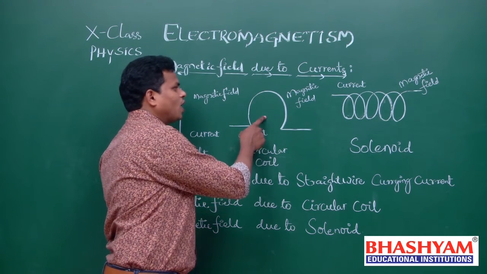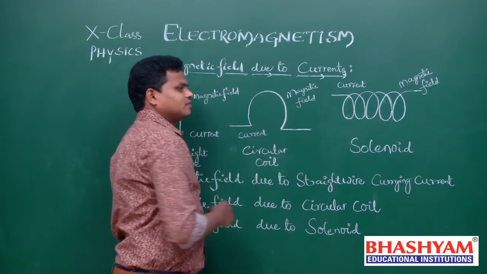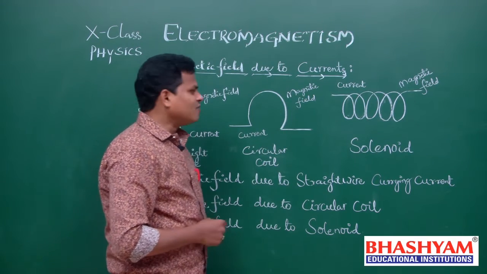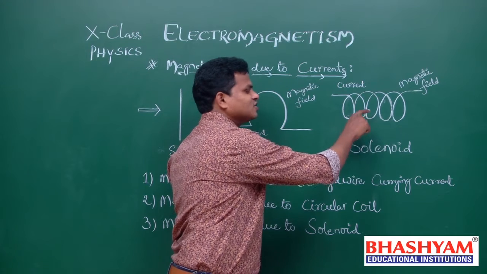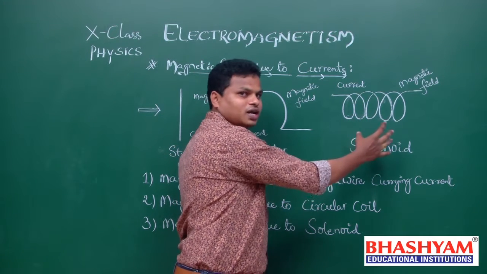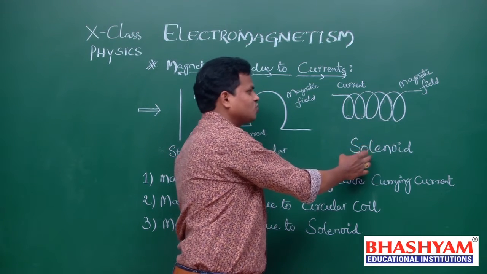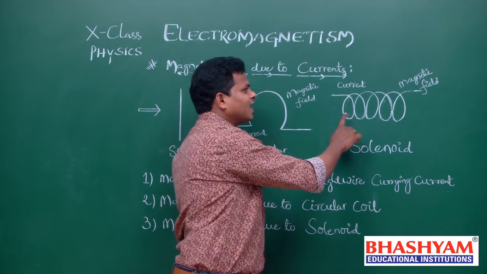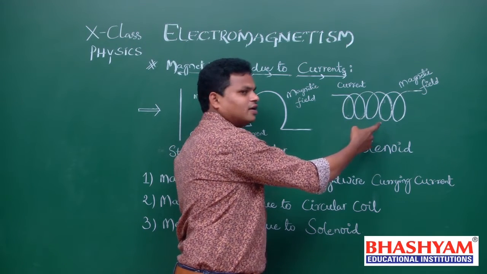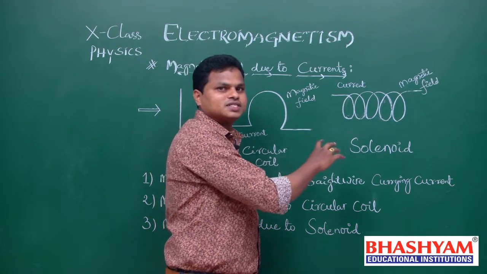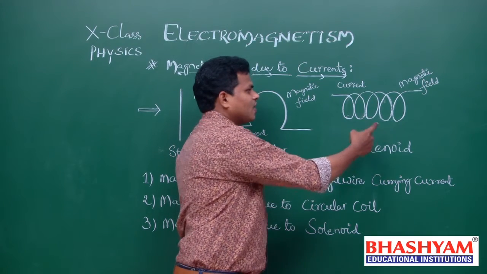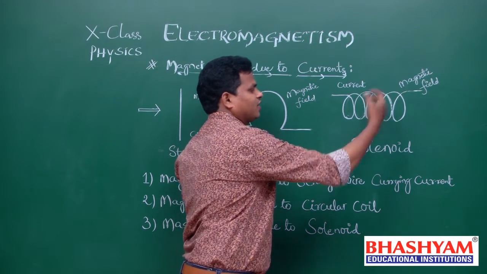That's why the coil produces a magnetic field. Whenever current passes through the solenoid, meaning a long coil, the solenoid produces a magnetic field.